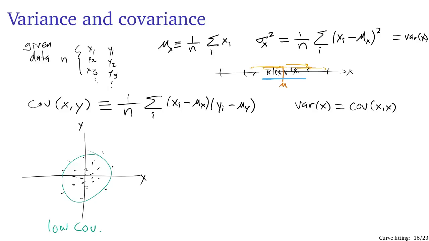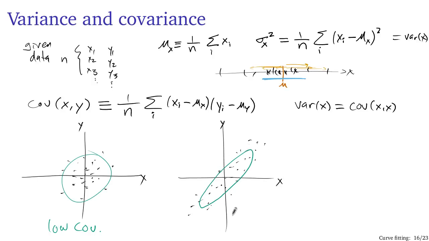High covariance, by contrast, our x and y coordinates of our data set might look something like this. If you were trying to enclose most of your data points inside a circle, you'd really want to use an ellipse. This would be the high covariance case.